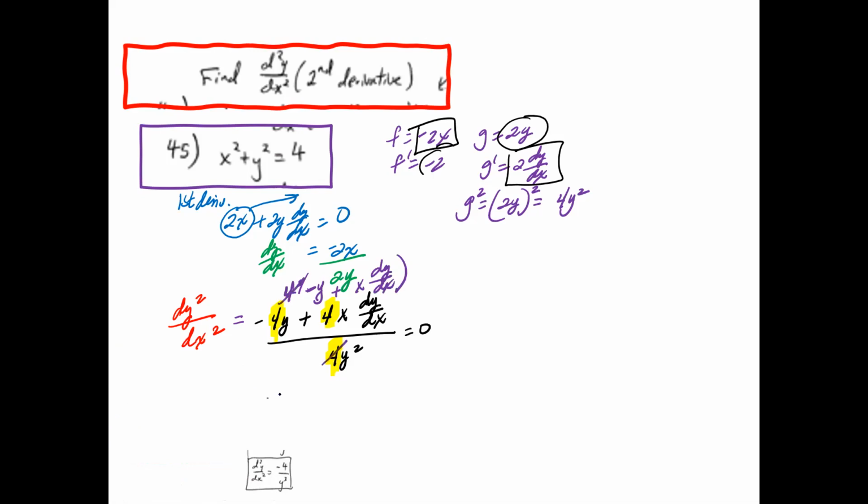So I have negative y plus x dy over dx over y squared equals d squared y over dx squared.